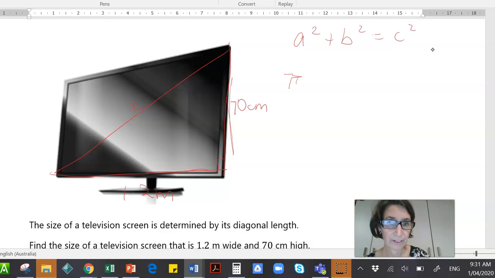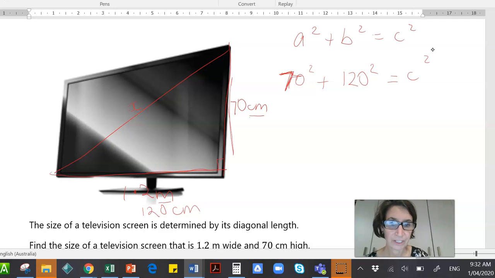So we've got 70 squared, well that went funny, didn't it? Plus, now 1.2 meters, these are in different units. This one's in centimeters and this one's in meters. So I'm going to change my 1.2 meters to 120 centimeters so that they're both in the same unit.